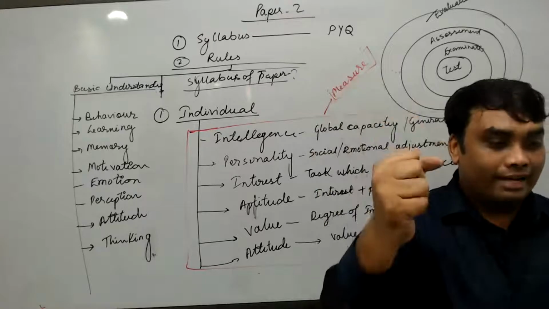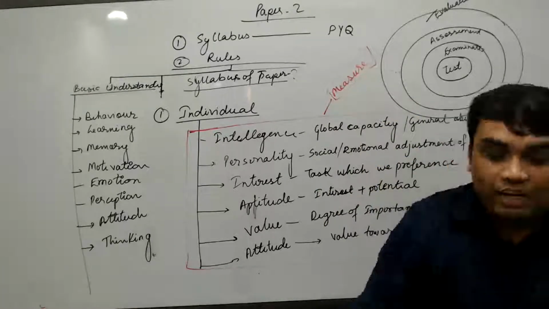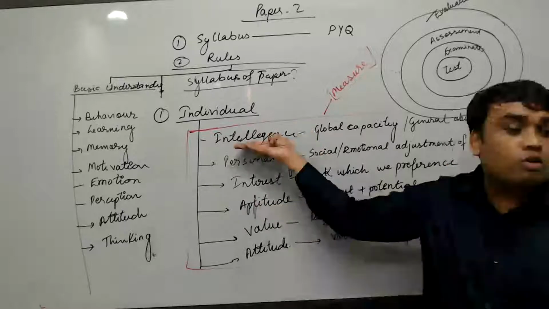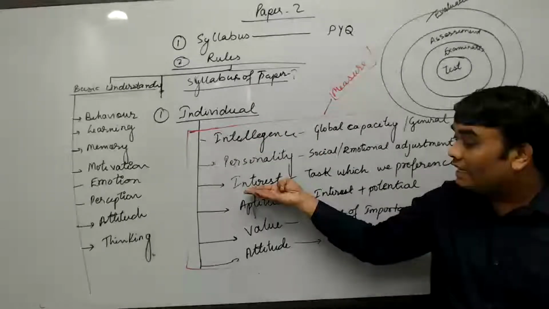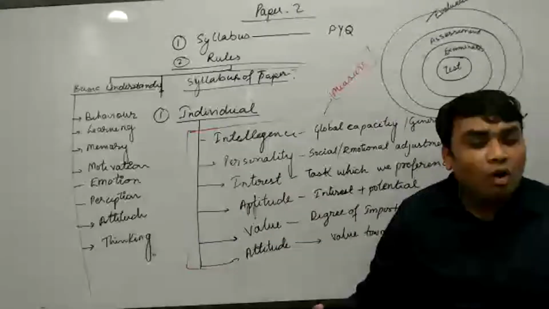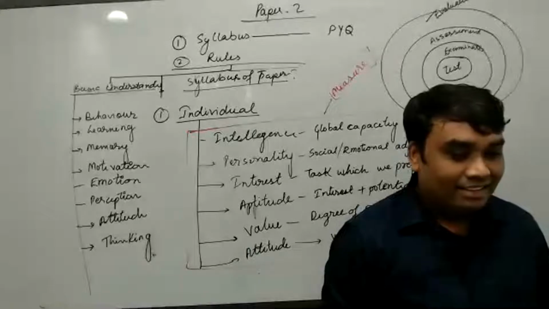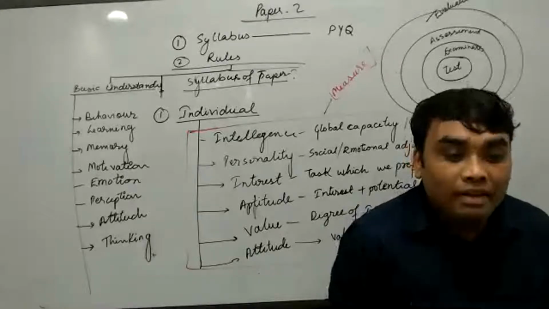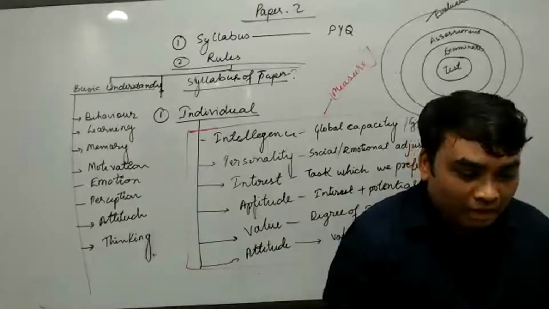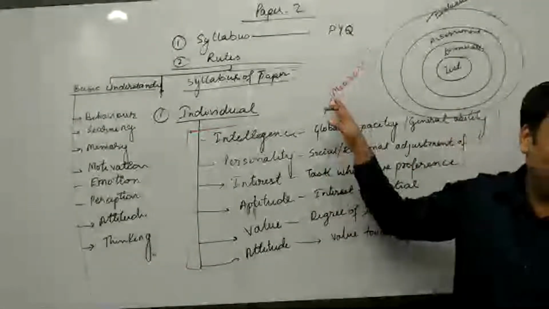Each one is unique. On what parameters are we unique? We are unique on the parameters of intelligence, attitudes, values. But how will we detect and identify this uniqueness? We will identify this uniqueness by measurement.